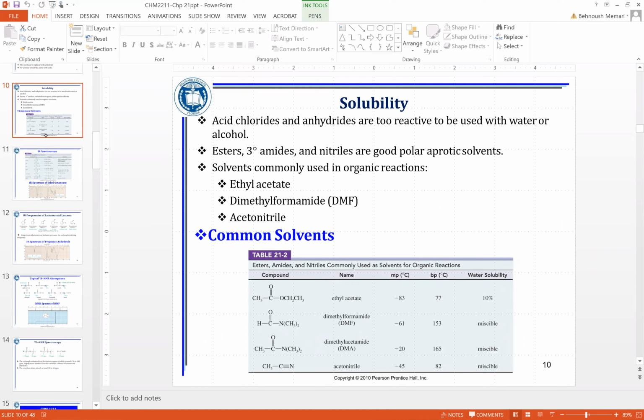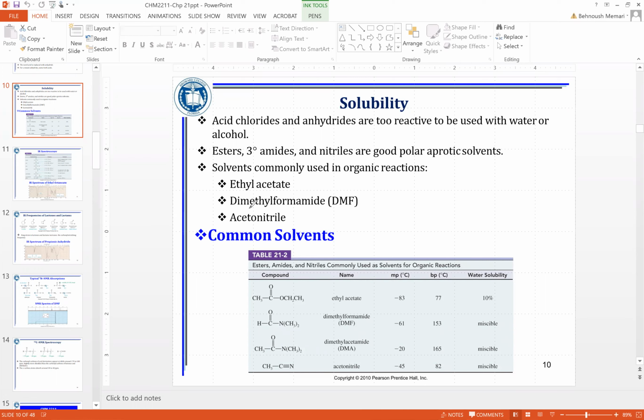For solubility, acid chlorides and acid anhydrides are highly soluble in water. Esters, tertiary amides and nitriles are good polar aprotic solvents. Ethyl acetate is an ester.